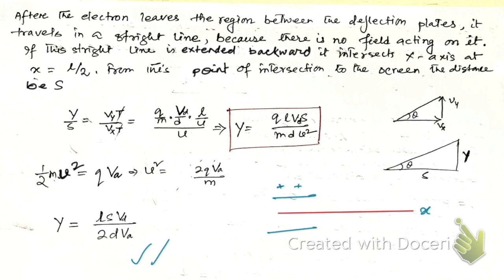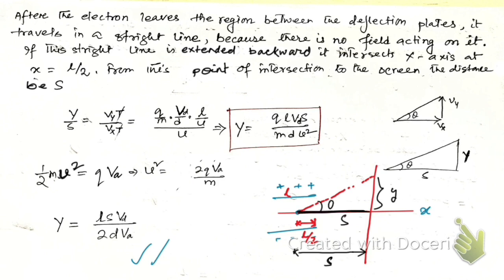This is the positively charged plate and this is the negatively charged plate, and this portion is L by 2, and the total length is L. So that's how this electron is deflected, and this is the screen, suppose, and this part is suppose Y. Now from this point to the screen the distance is S, right? So we can say this distance is also S.